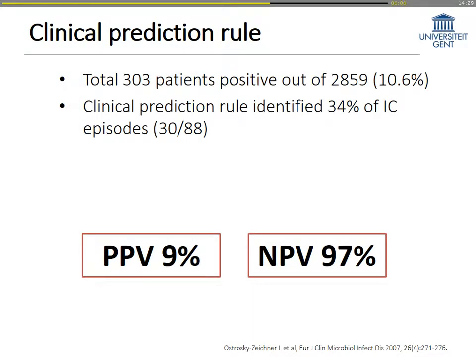And they found, indeed, similar results, actually a positive predictive value of 9% and a high negative predictive value. Mind you that indeed this rule identified only 1 out of 3 invasive candidiasis infections, and an overall quite low incidence of invasive candidiasis.